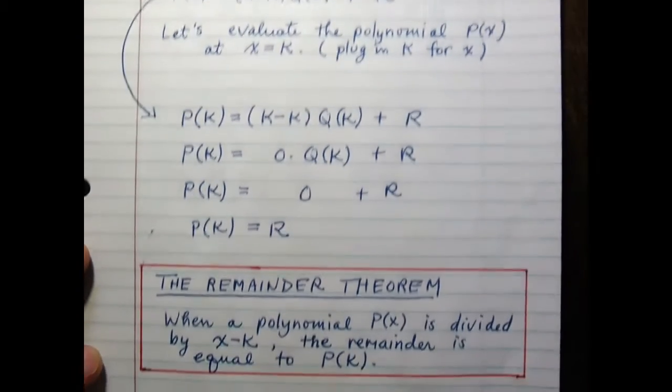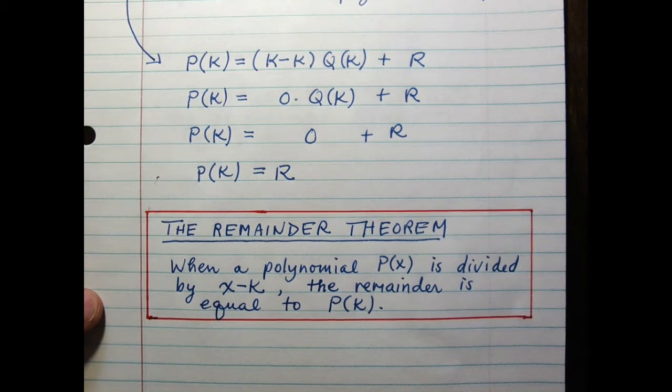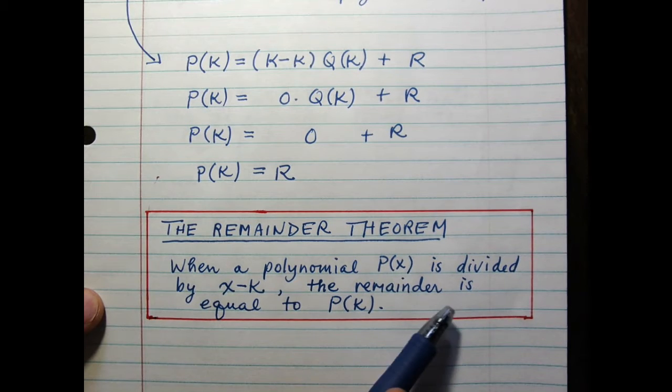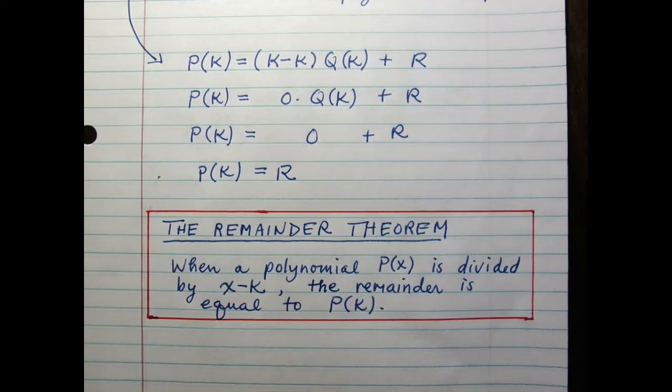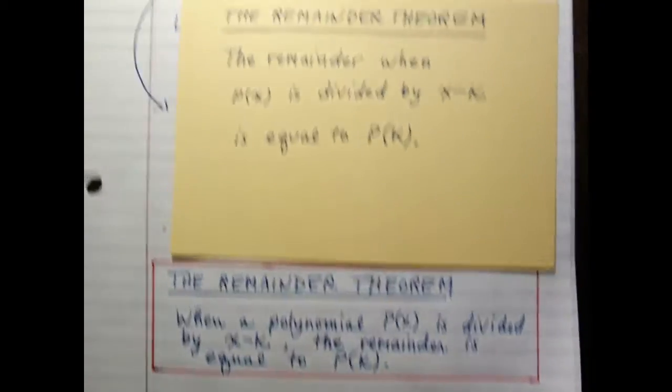And this result is pretty famous. It's something called the remainder theorem. When a polynomial, p of x, is divided by x minus k, the remainder is equal to p of k. And I even reiterated this on a little yellow card here.